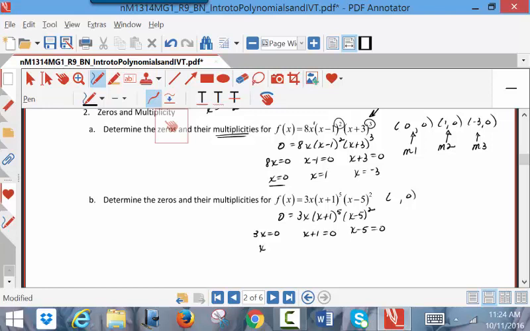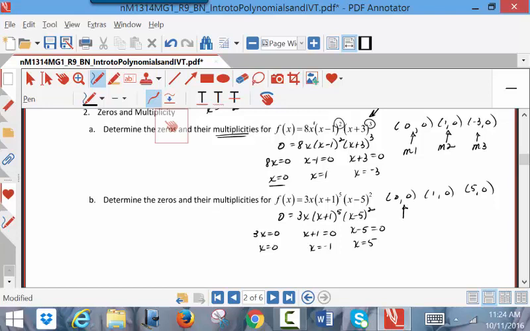So I get an x value of 0, an x value of negative 1, and an x value of 5. I have 3 x-intercepts. One is the point 0, 0, one is the point negative 1, 0, and the third one is the point 5, 0. But they also want to know the multiplicity of each 0.